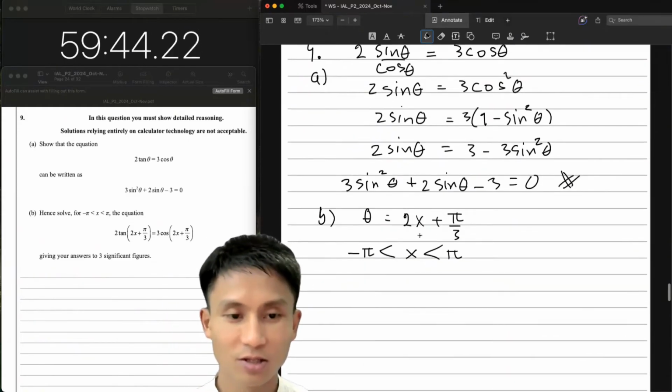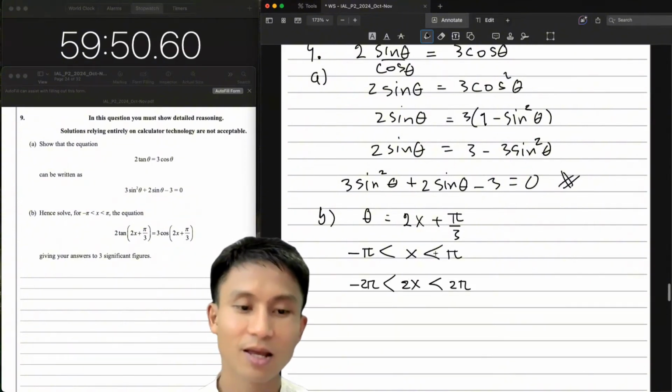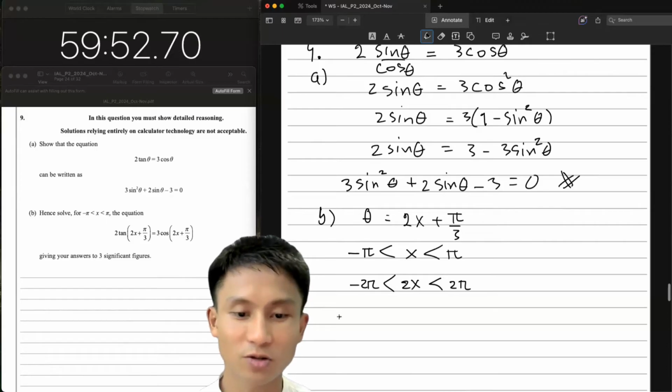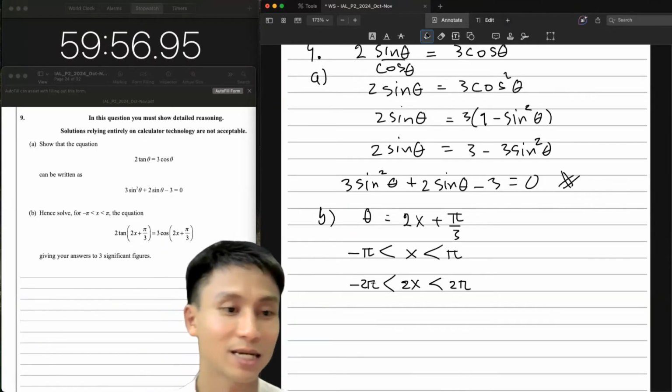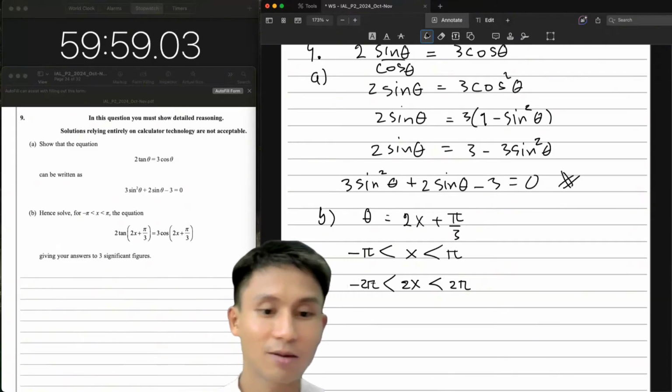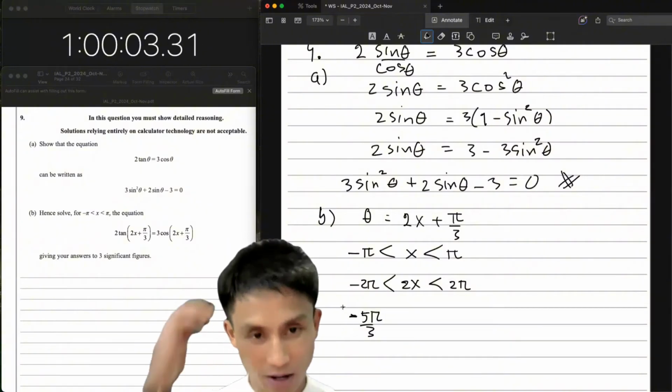of x. So if we modify the range, we multiply by 2 first, we get minus 2 pi, just step by step here. And then we add pi over 3, so minus 2 pi add pi over 3, that would be minus 6 over 3 and minus 5 pi over 3, right? For the left part.